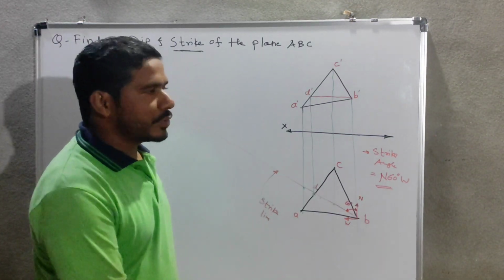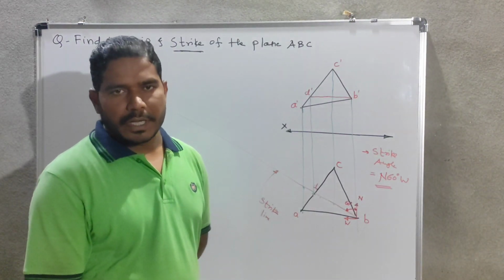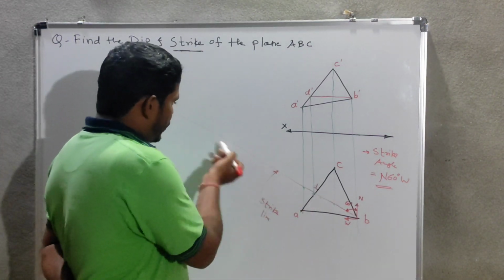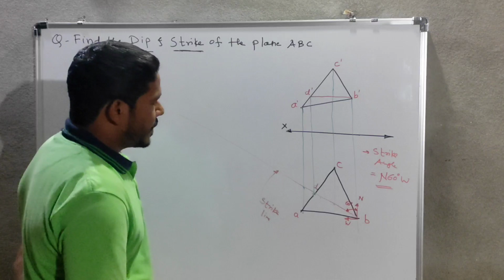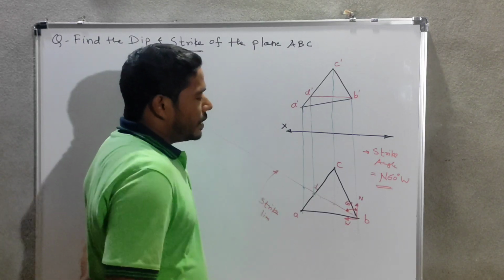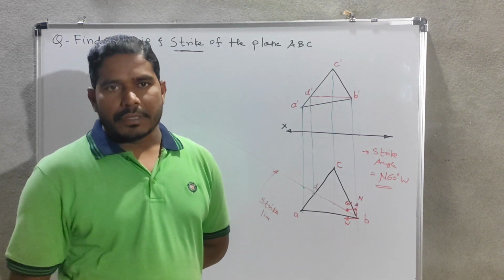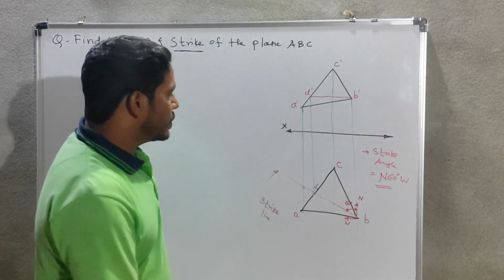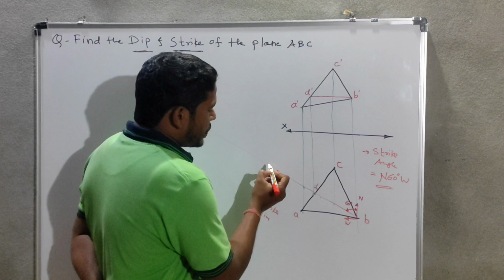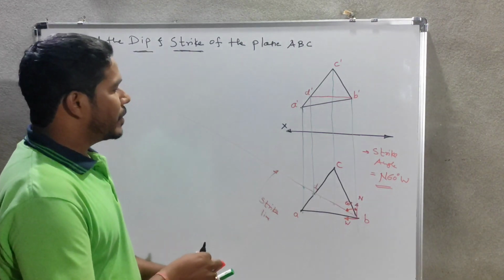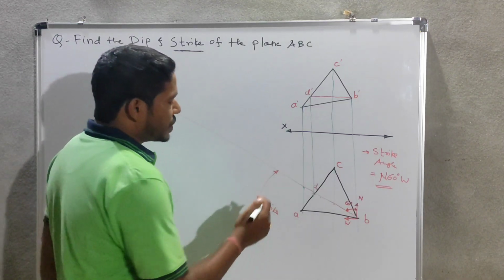We have to find out the dip angle and the dip direction. So as we have already done the strike line, first of all we need to show the dip direction. One thing we need to remember: the dip direction will always be perpendicular to the strike line.